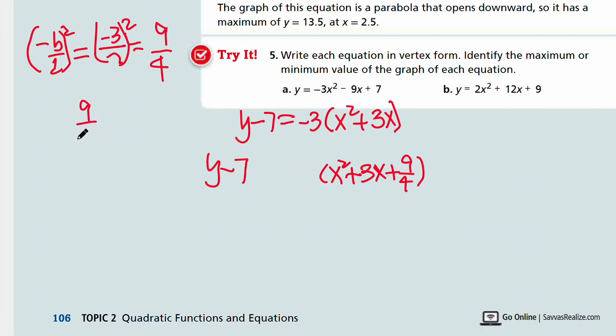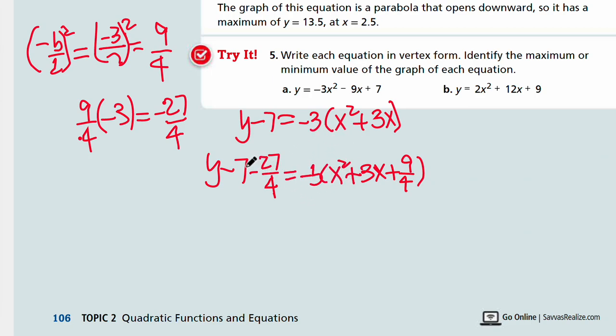So we have to multiply this by -3 in order to know exactly how big of a number we're adding, right? So negative 27 over 4 would be 6.75, or yeah, that would be the fraction we're adding, right? So make sure you're adding the same numbers to balance the equation. So that would equal -3 times your perfect square.